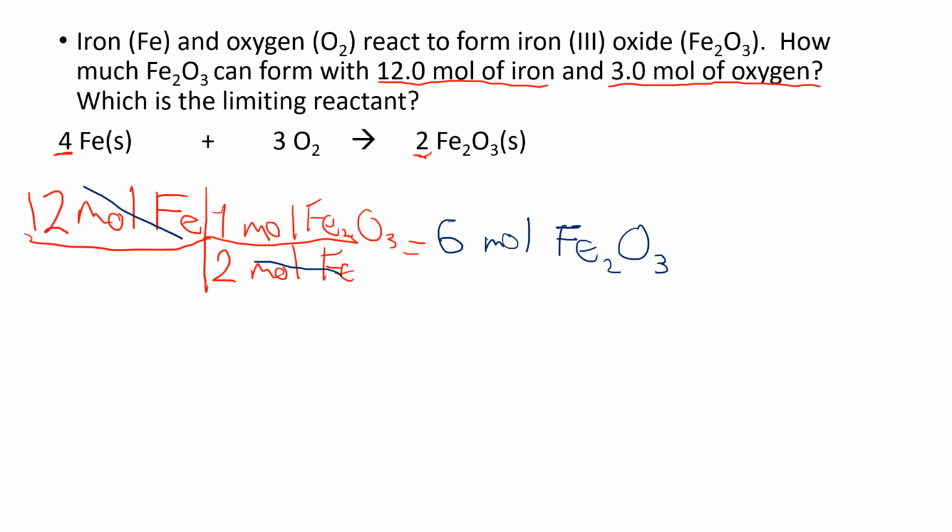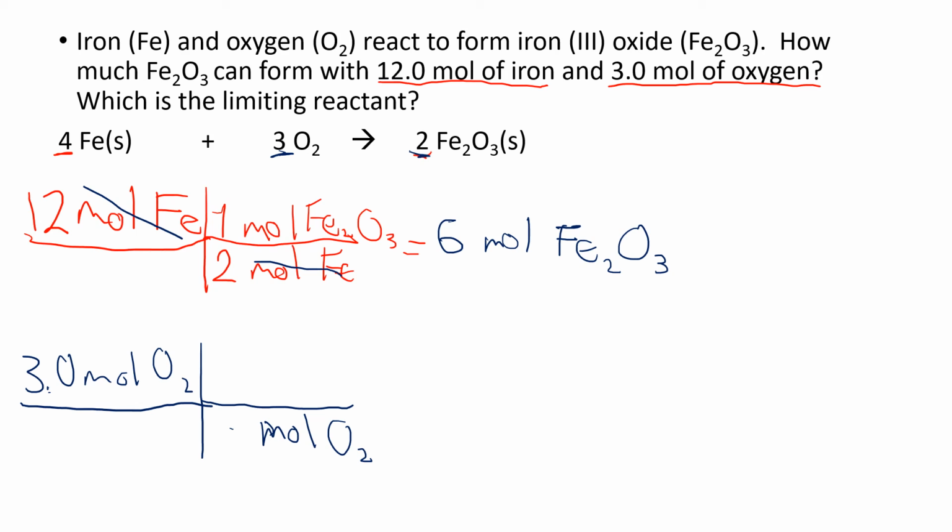Now let's take a look at what happens with our oxygen. We've also got 3.0 moles of oxygen in the mix, and our molar ratios, or our coefficients, given to us here, we've got a 3:2 ratio. So in figuring out how many moles of iron oxide, I'm going to use this conversion factor here, and I'm going to put moles of oxygen on the bottom and moles of iron 3 oxide on top.